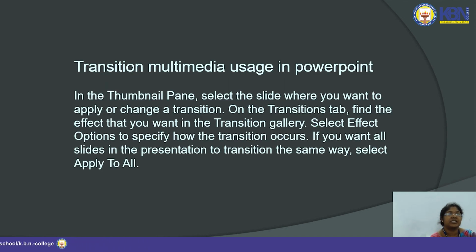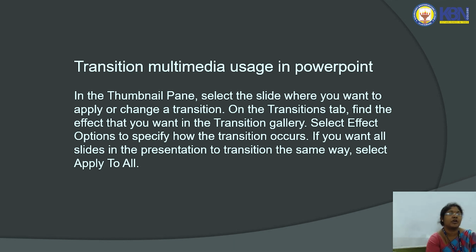Then after transitions, multimedia usage in PowerPoint. What is the meaning of multimedia? Multimedia means audio and videos. See here the thumbnail pane: select the slide where you want to apply or change a transition. On the Transitions tab, find the effect that you want in the transition gallery. Select Effect Options to specify how the transition occurs.